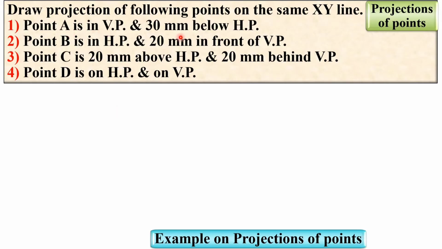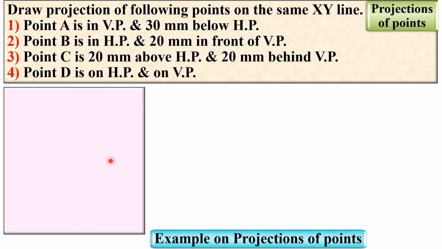So let's start from the first point A. First of all, draw the reference line for the location of the point A. So this is your reference line XY. You know that this is VP and this is HP. Now here it is given to you, point A is in VP, so it can be anywhere over here.